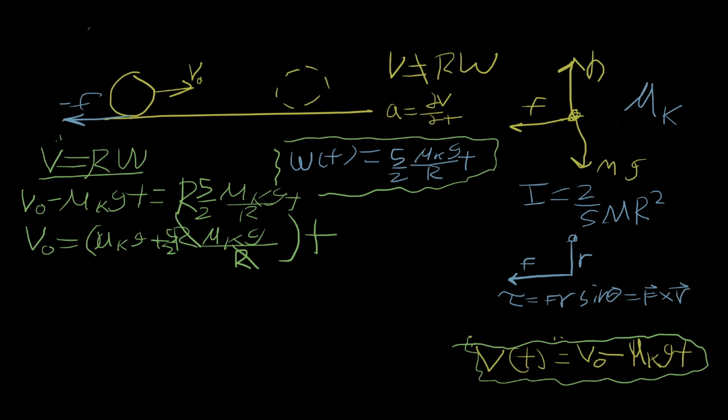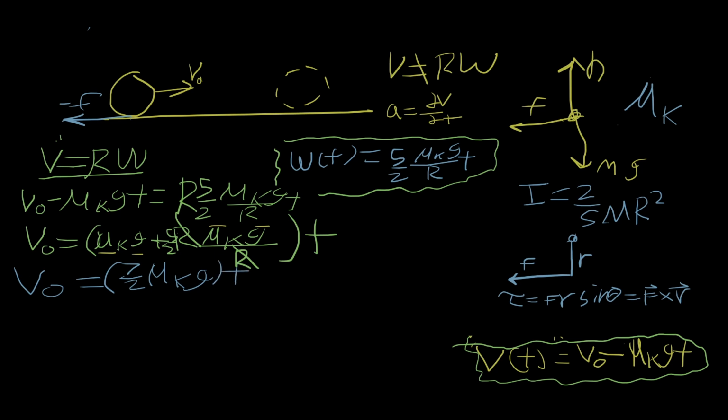If you look here, we have our friction coefficient times gravity, friction coefficient times gravity. So we can actually combine these two numbers. So v naught is equal to 7 over 2 times the friction coefficient times our gravity, and then times time.